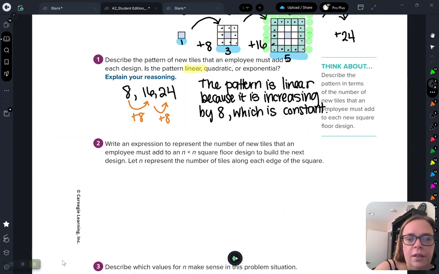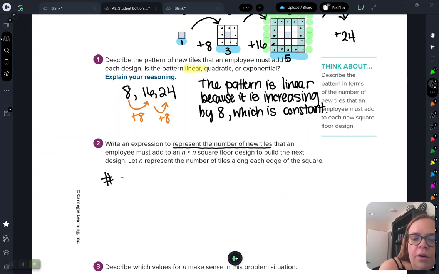So we want to write the number of new tiles being added in terms of that number, the edge number, okay? So if you ever have to write an algebraic expression or an equation, write it out like a sentence first and then turn it into math. So for example, I want the expression to represent the number of new tiles.